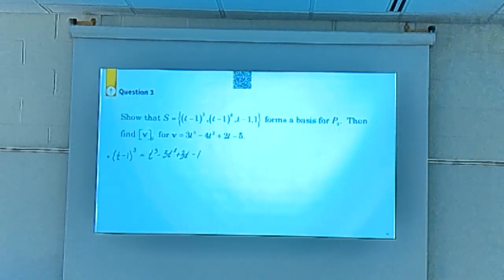Pascal's triangle, it's a beautiful thing. Row 3 of Pascal's triangle: 1, 3, 3, 1. Those are your coefficients. t cubed minus 3 times t squared times 1, plus 3 times t to the first power times negative 1 squared, plus 1 times negative 1 cubed.